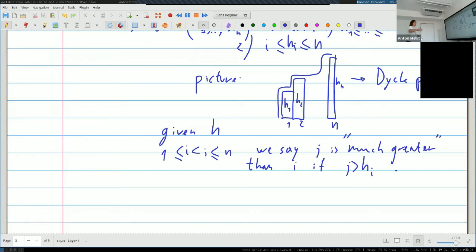So this function tells you that some numbers are really far apart from other numbers.